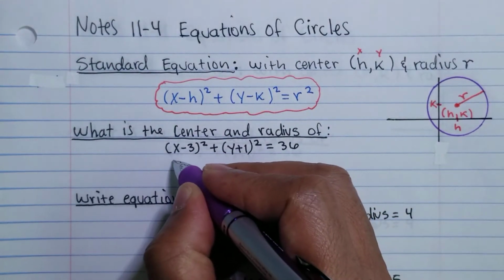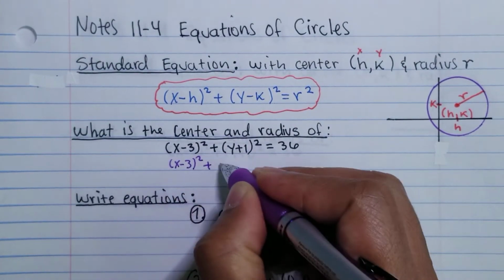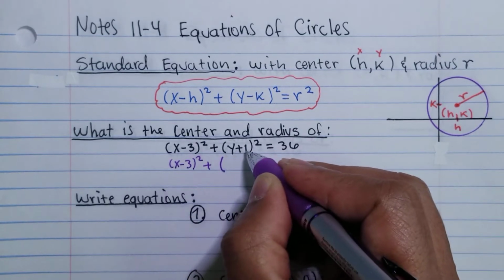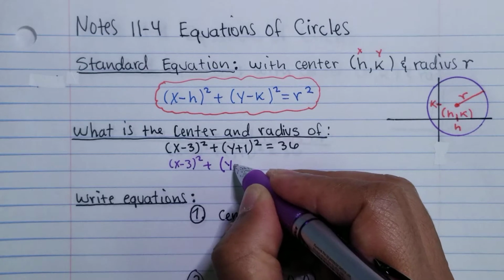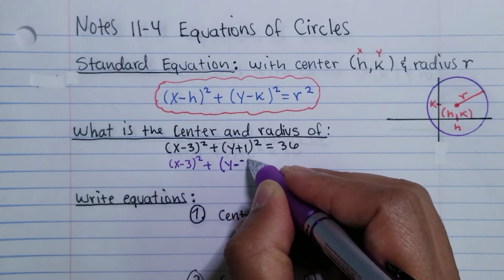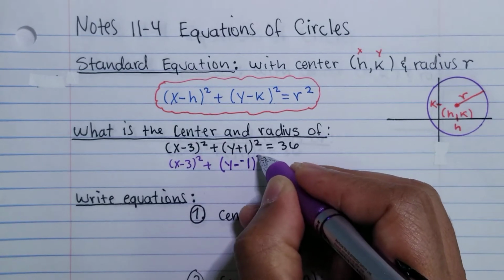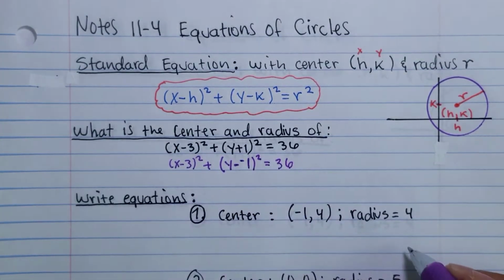I'm just going to bring this down, (x minus 3) squared plus, and I'm going to change this one because this is saying plus 1. So that means we have minus, and in order to make this into a positive, the 1 has to be a negative. Okay, so then that equals 36.